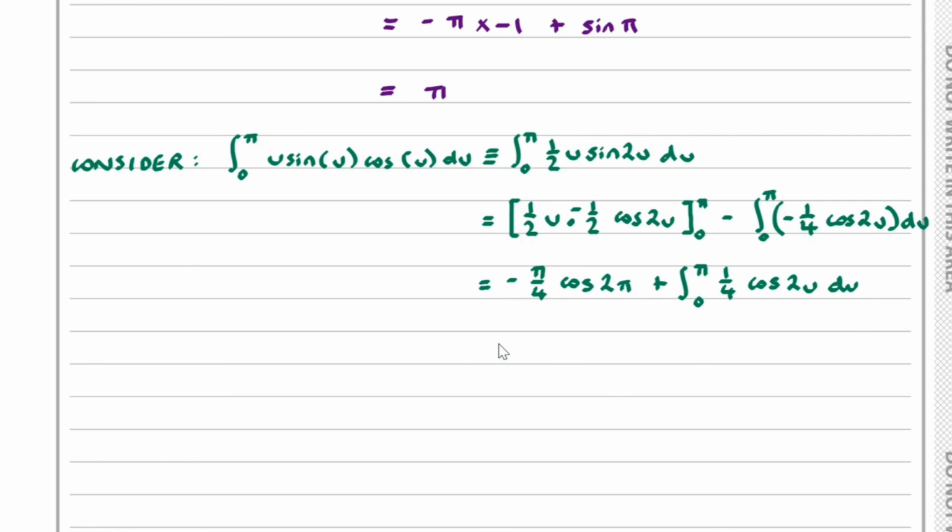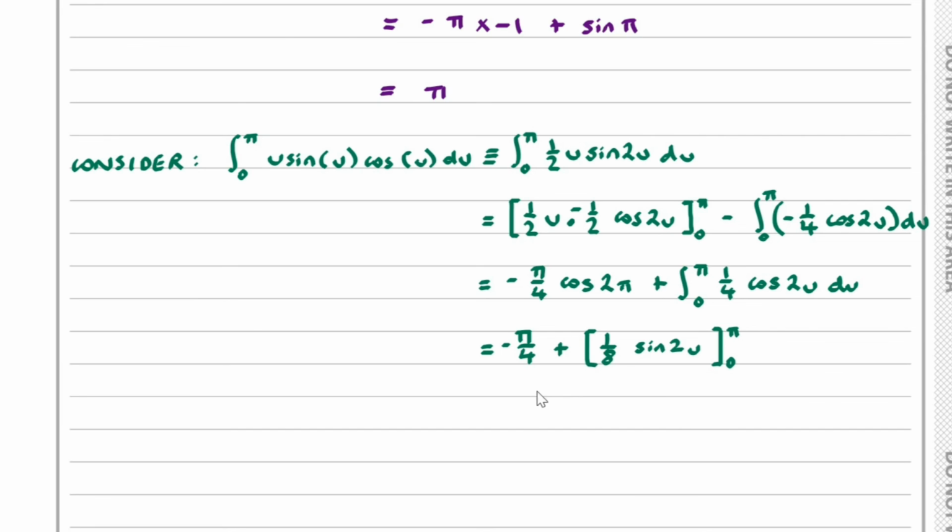Now cos of 2 pi is 1, so here I'm left with minus pi over 4, and then integrating 1/4 cos 2u, what we will end up with is 1/8 sine 2u in between 0 and pi.